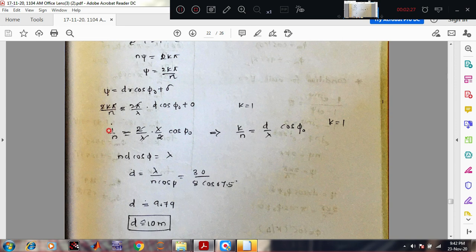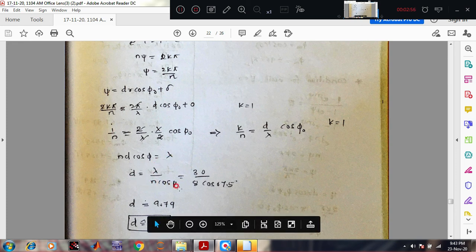If I substitute k value as 1, this results in 1 by n equal to d by lambda cos phi naught. Therefore n d cos phi naught is equal to lambda, so d is equal to lambda by n cos phi naught.